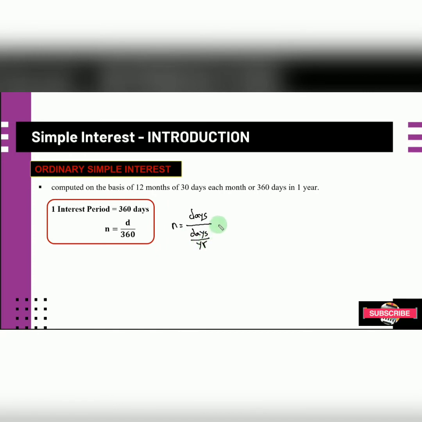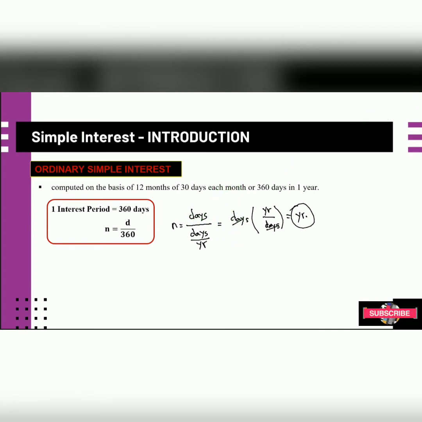Okay, so if you are going to check the units, when you multiply with the denominator, this would be now in year, and then this is now in days. So probably the unit of your N is in year. So when you use this one, d over 360, which is our N, your unit here is already in year or years.